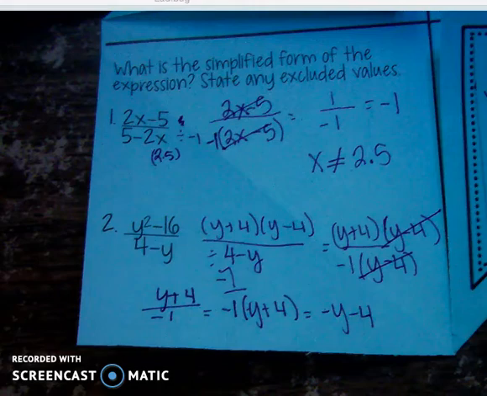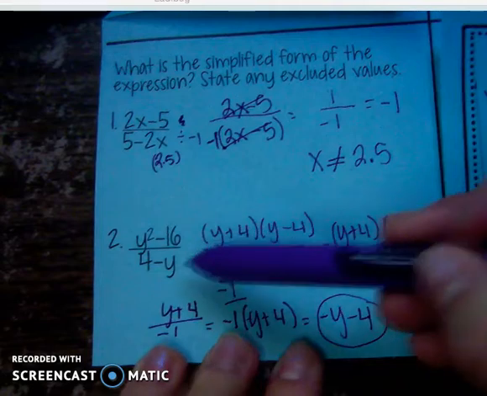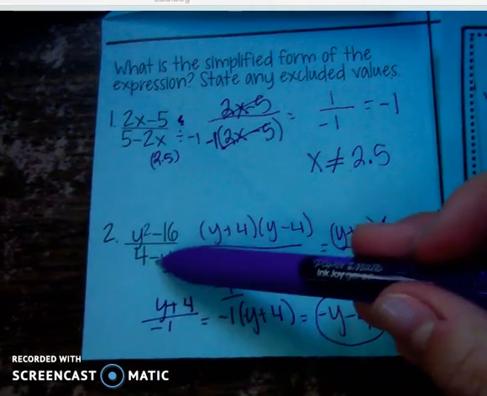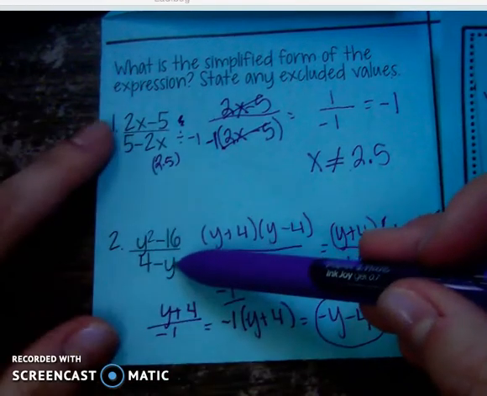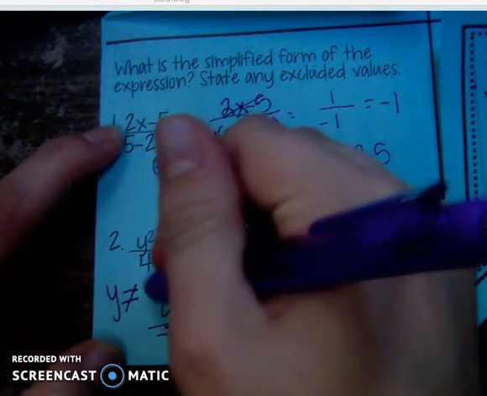Good? So that's my answer. I need to find any excluded values. So 4 minus what will zero out the bottom? Well, 4. So y cannot equal 4.